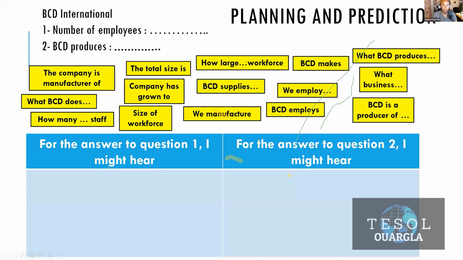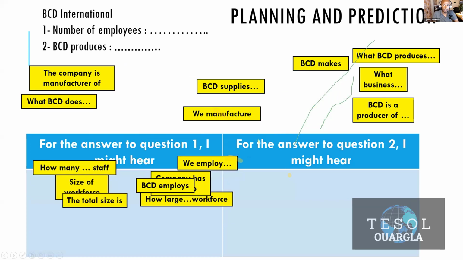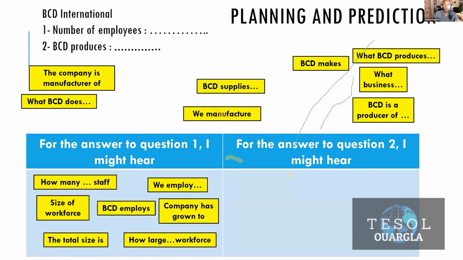We employ, yes, because here we are looking for them. We employ 200, for example. What else? How many? Yes, because this relates to number. BCD employs. Size of workforce, the total. Yes, so all of these different things here will announce that particular number.